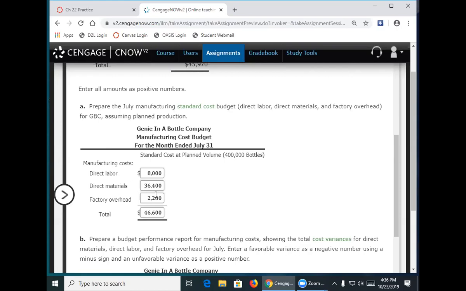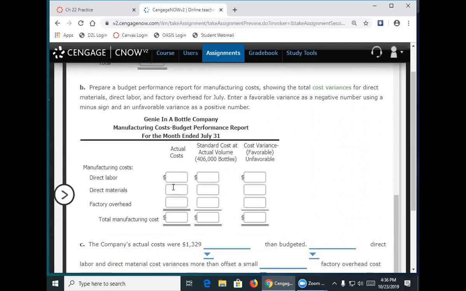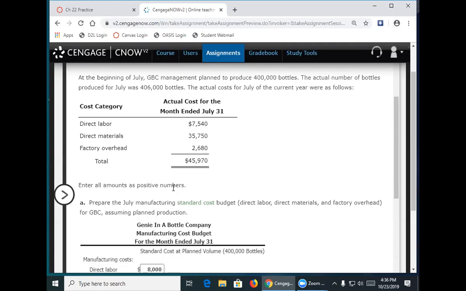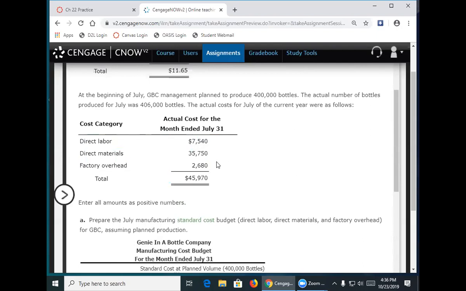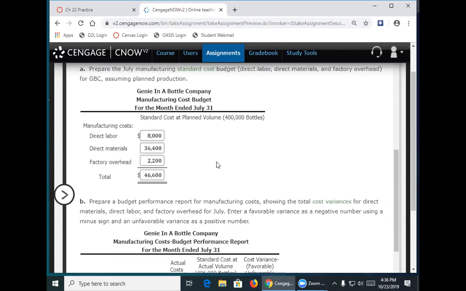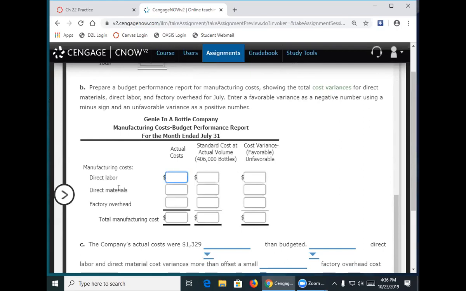So in the first column here, for actual costs, those are just given, right? We have those up here in this table. They told us what our actual costs were at 406,000. I'm just going to carry those down. So actual direct labor was 7,540.